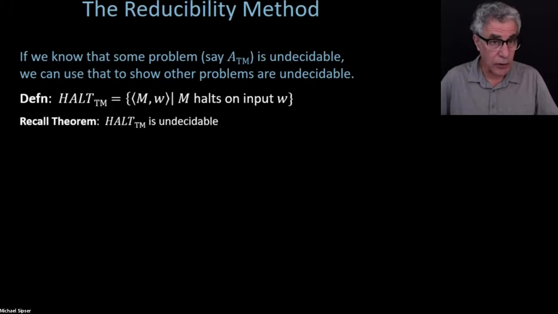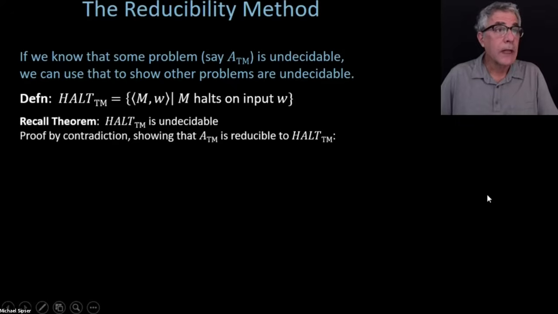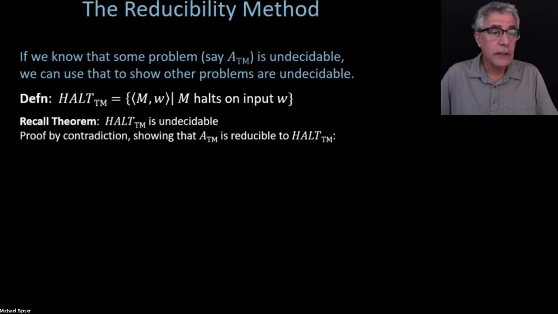We did this last time, but I'm just going over it again. We could go back to the diagonalization method and do it from scratch, but generally that's not what's done. Generally what people do is they use a reducibility from a known undecidable problem. And so what we're going to show is a proof by contradiction, which says that if Halt-TM were decidable, then Eqtm would also be decidable, and we know it isn't.